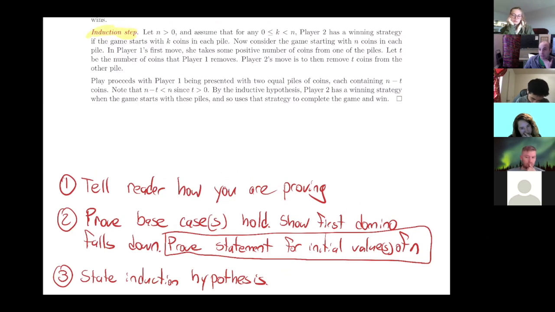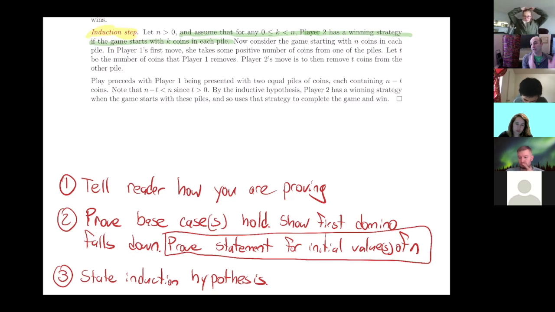So we're going to need to assume something. It's like an if-then statement here. And so in this case, that's our induction hypothesis. We're going to assume that player 2 has a winning strategy for smaller values of n. So in other words, for values anywhere between 0 and up to, but not including, integer n.